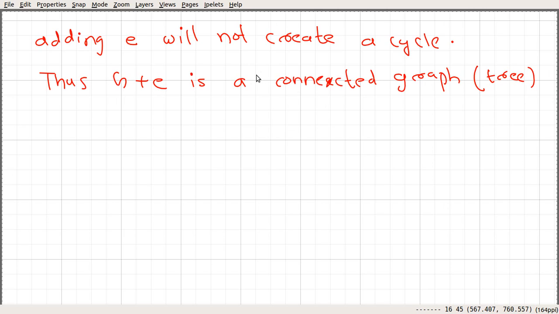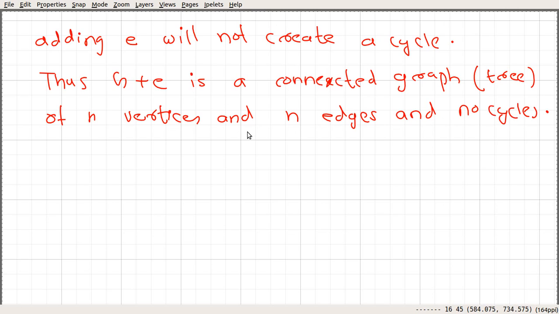It is connected and acyclic, so it is a tree. But the thing is that here it has n vertices and n edges.